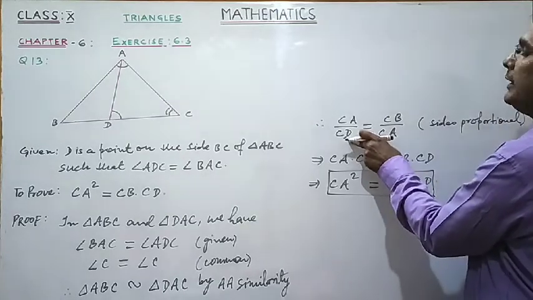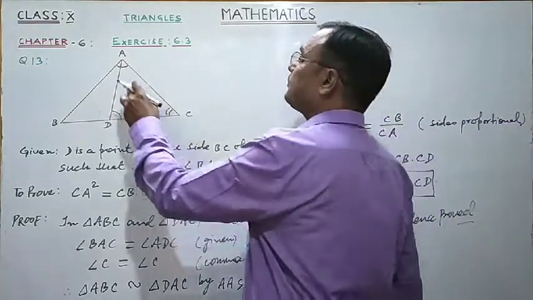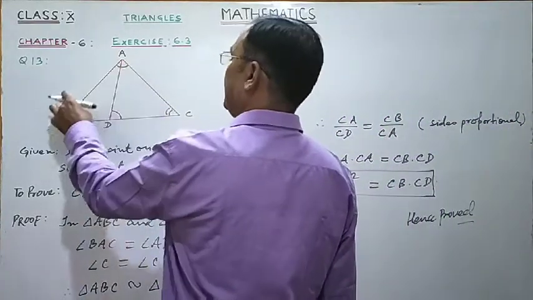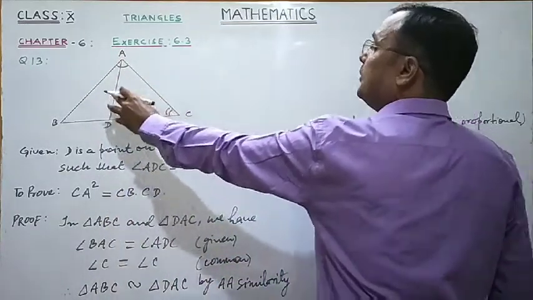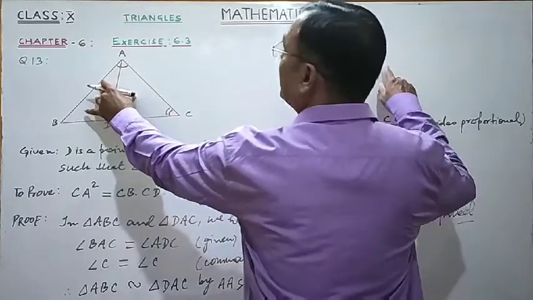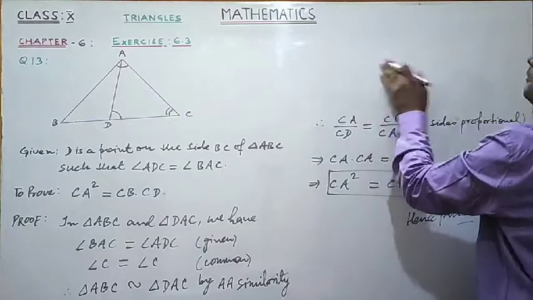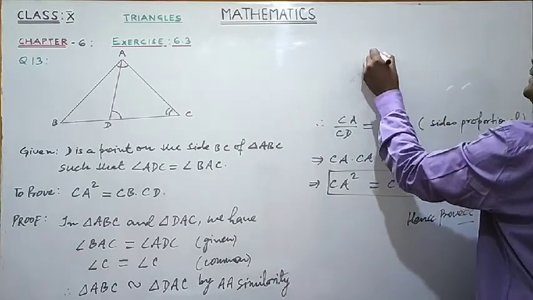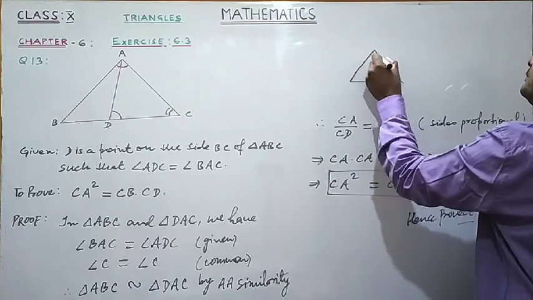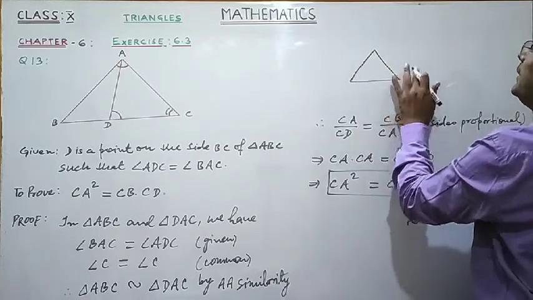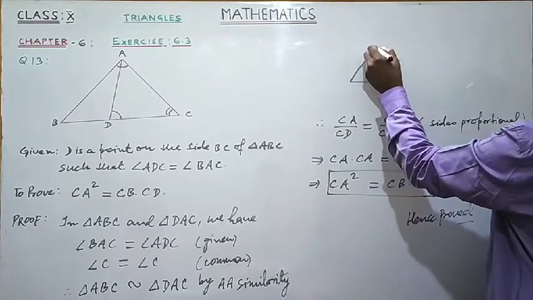If you find any difficulty in writing this sides proportional in triangle ABC and triangle DAC in this figure, then you can draw two figures separately like this. Rough figure to understand the correspondence in writing this ratio of sides.